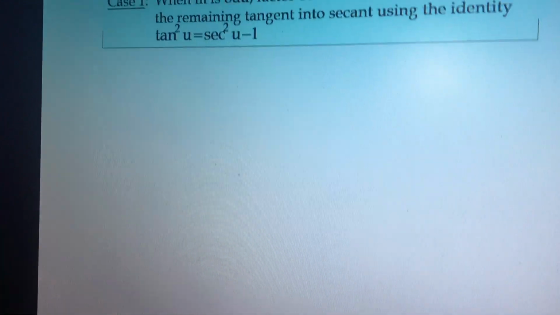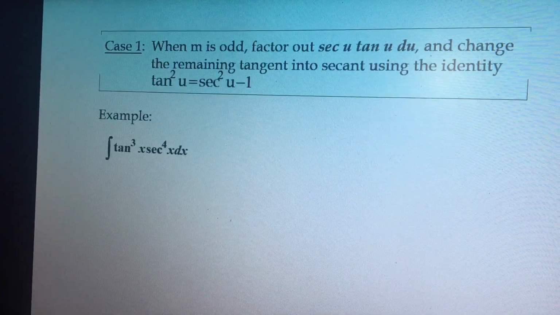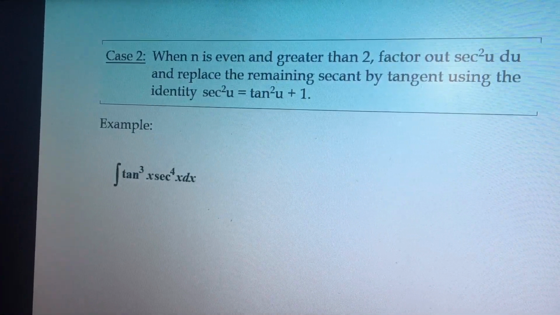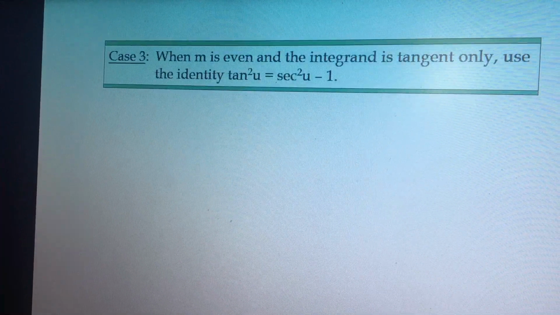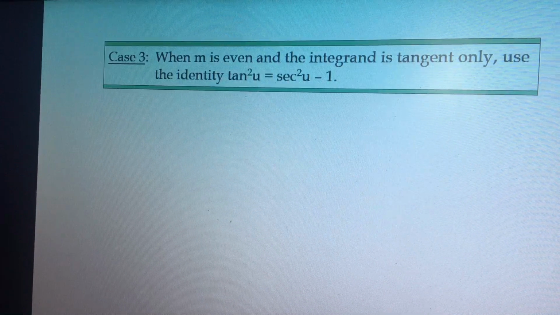Last time we had discussed case 1, and then I'll give you one example, and then we solve an example for case 2. So today we're going to discuss case 3, and I'll give you another example for this case.